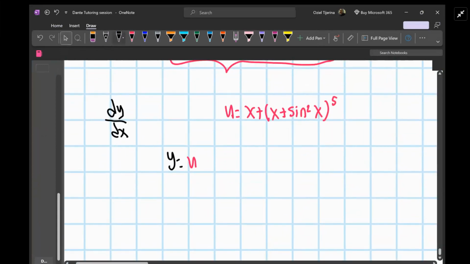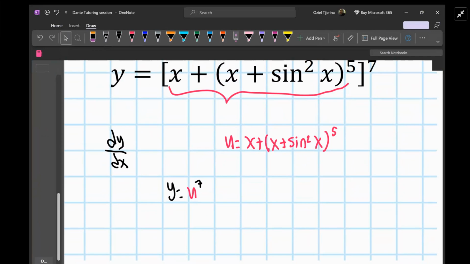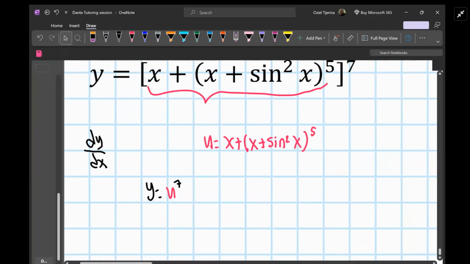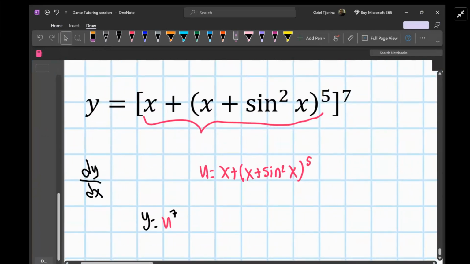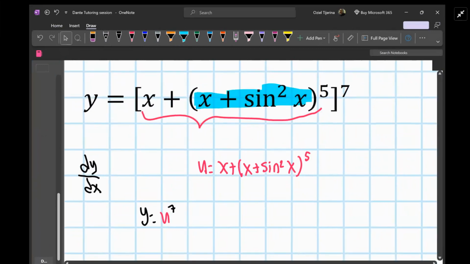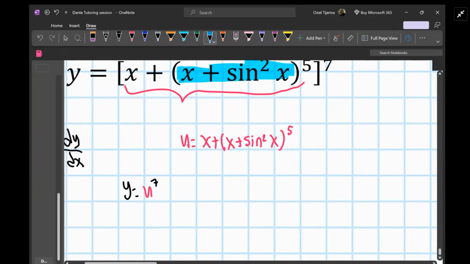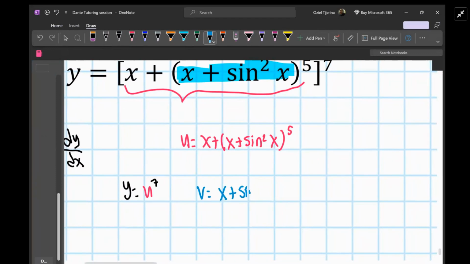Now, we know that inside of that, there is also this x plus sine squared of x to the fifth part that's going on here. So we need to go ahead and make that yet another function. We're going to let v equal x plus sine squared of x.